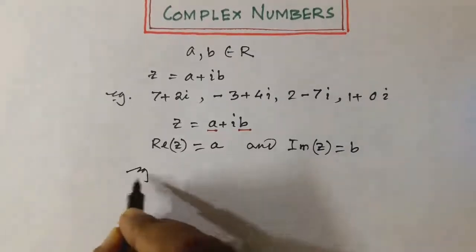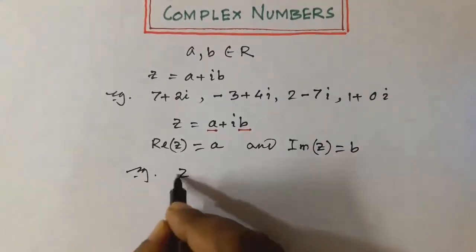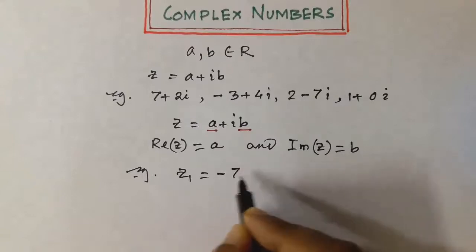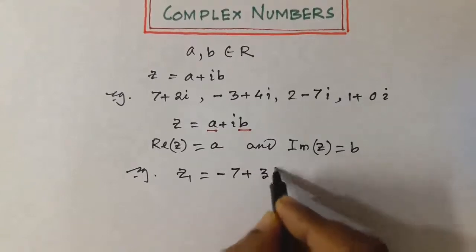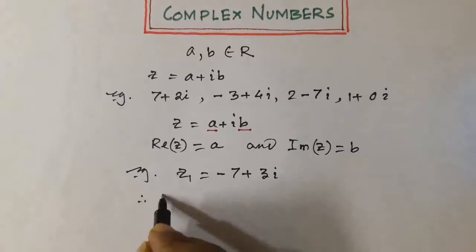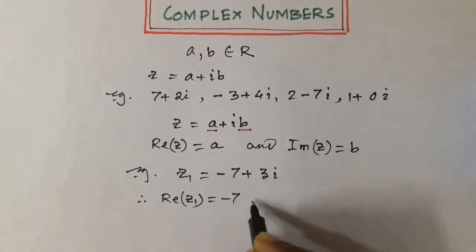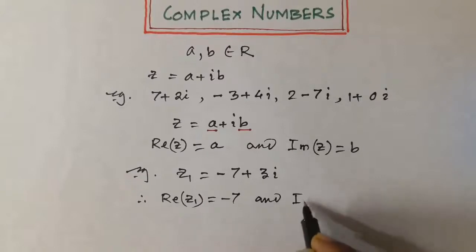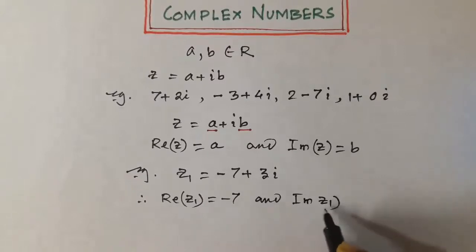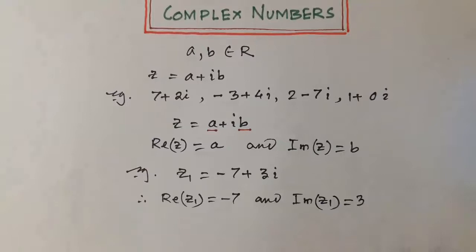So we write an example, say z1 is equal to minus 7 plus 3i. So real part of z1 is equal to minus 7 and imaginary part of z1 is equal to 3.